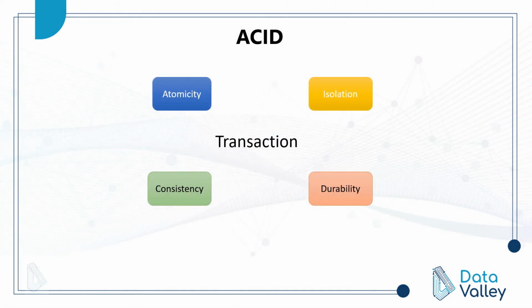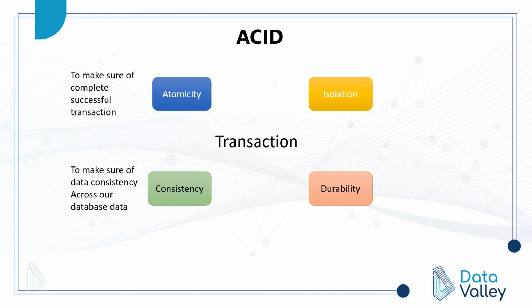Now after we have described the four properties of ACID, let's ask ourselves a question. Do we need the four properties of ACID in transactions? And the answer is yes. Let's take it one by one. We need atomicity to make sure that all the steps or actions in our transaction have been applied completely and successfully.